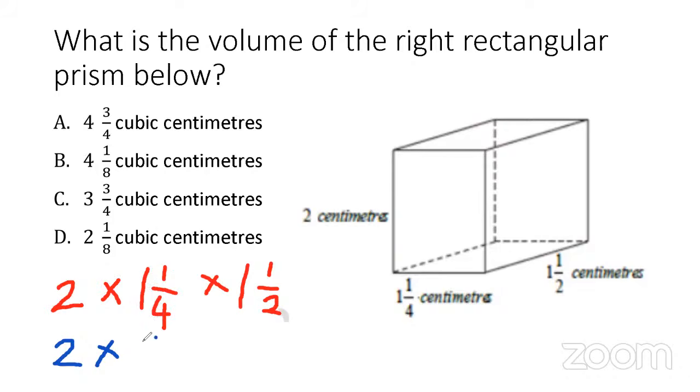So that's 5/4. Multiply by 2. What is 1.5 as an improper fraction? So let's go 2 times 1, 2, plus 1, 3. This is 3 halves.